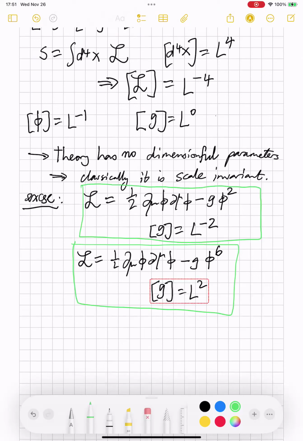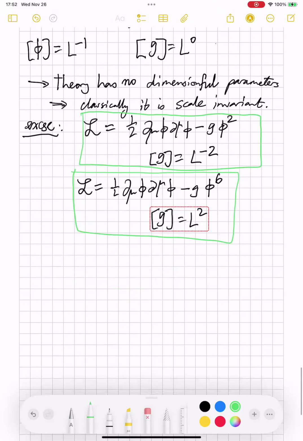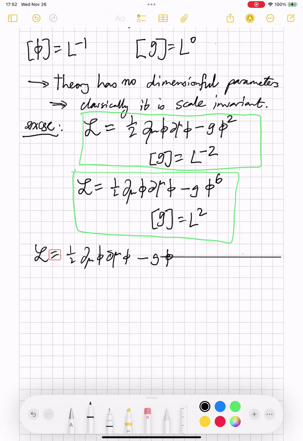So what you can see is, in fact, having minus g phi to the 6 or minus g phi squared will certainly not give you a CFT. In fact, if you were to take the Lagrangian density to be 1/2 d mu phi minus g phi to the n, you would find that only n equal to 4 gives a g that is dimensionless.